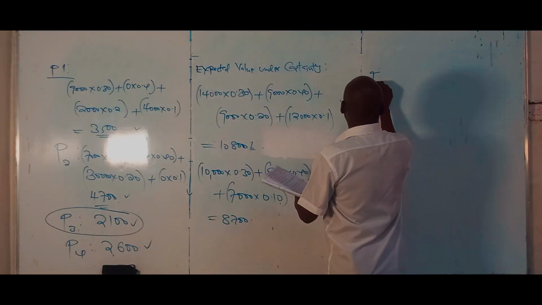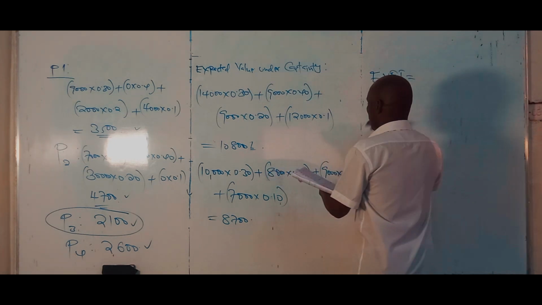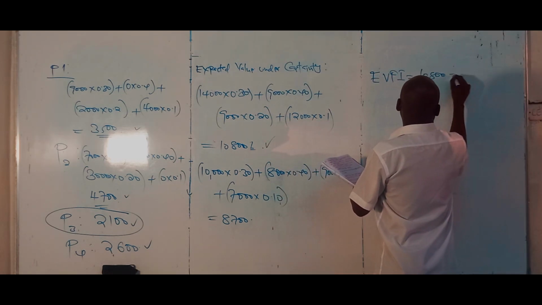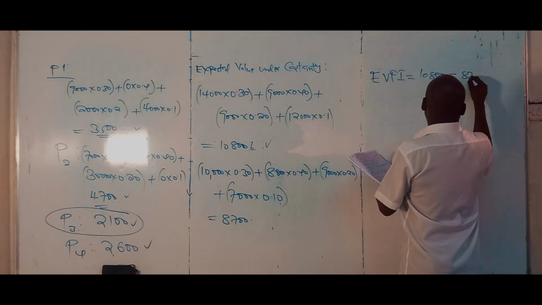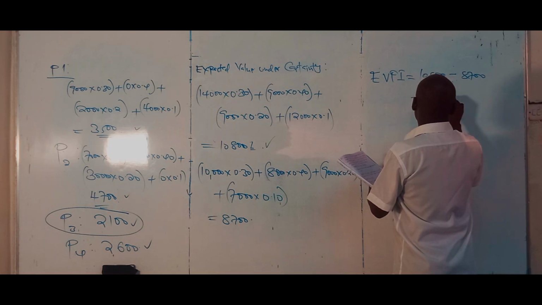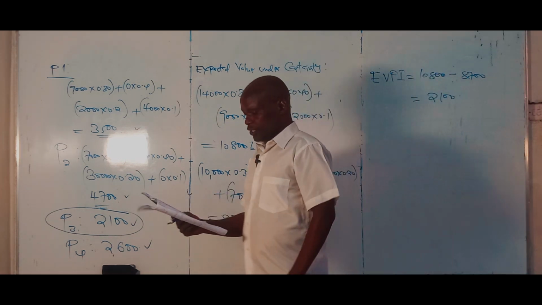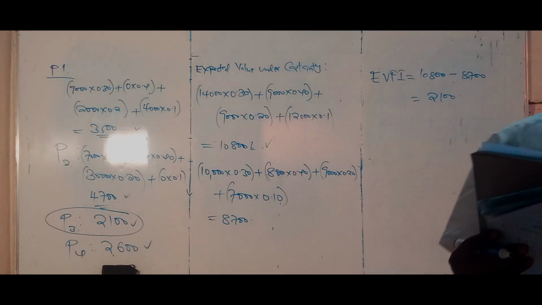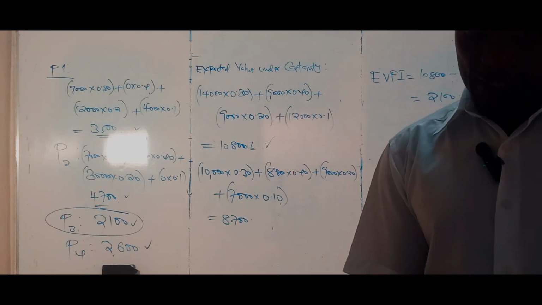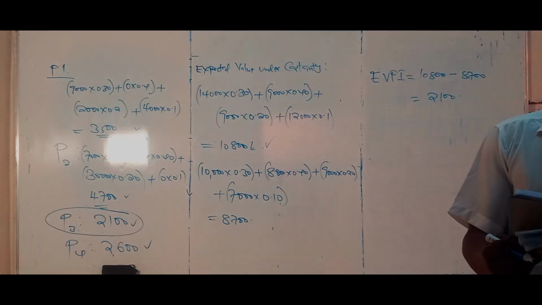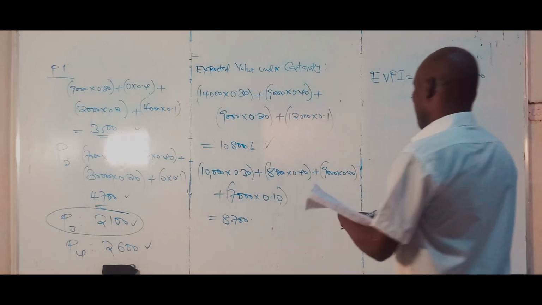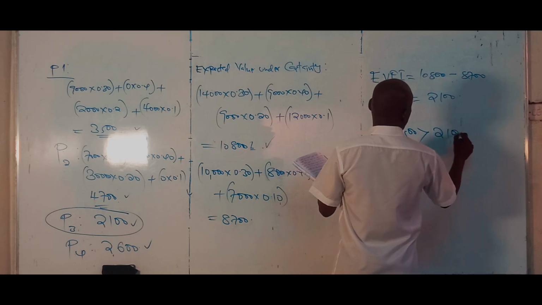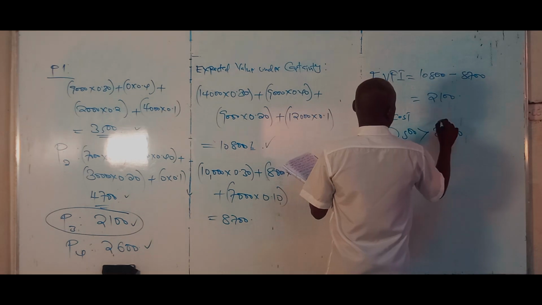So my EVPI will be 10,800 that we had minus 8,700, and that should give you about 2,100. So what we say is that since the expert is charging 2,500 shillings, which is greater than the EVPI of 2,100, then the company should not acquire the perfect information as the cost exceeds the value of the information.